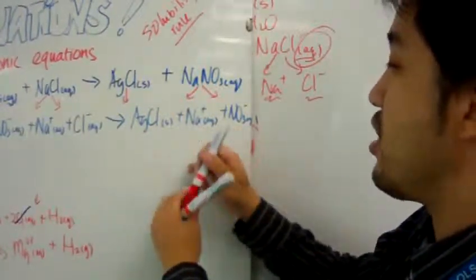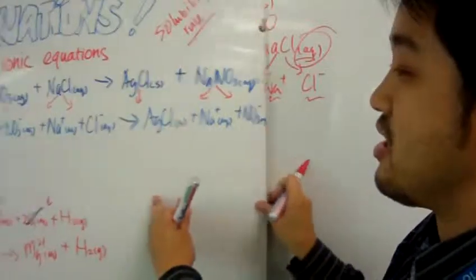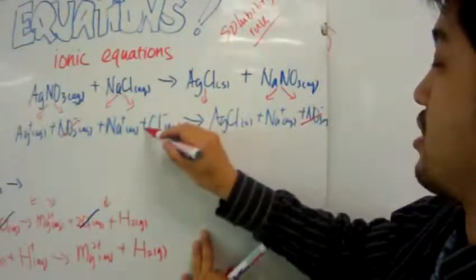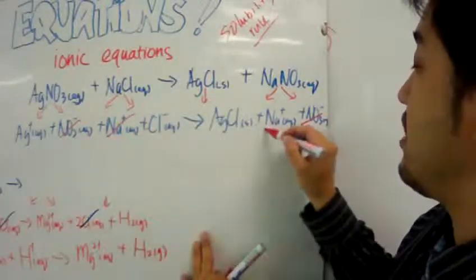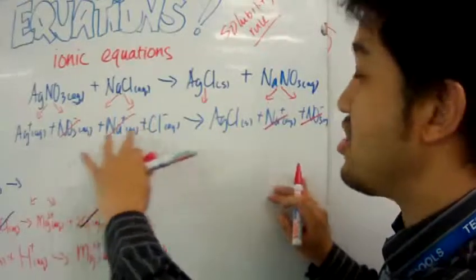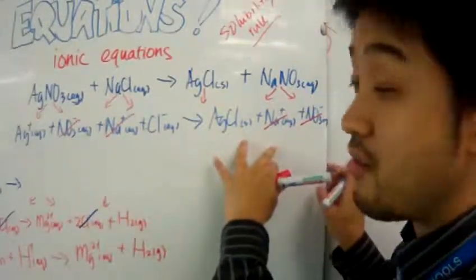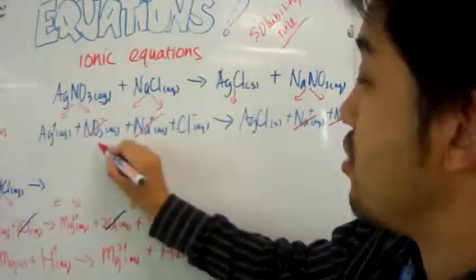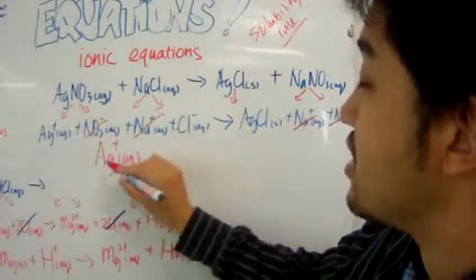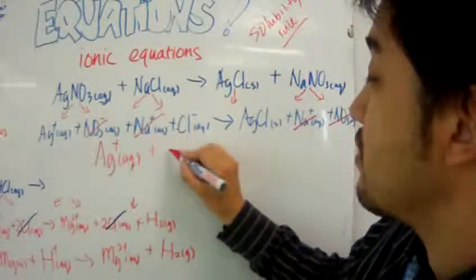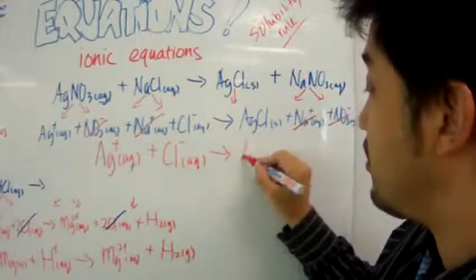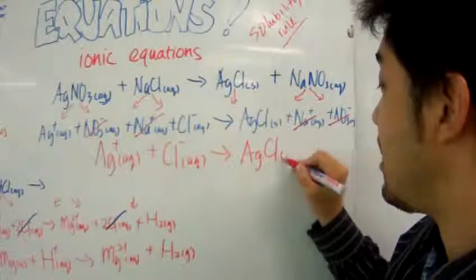Okay, immediately I've noticed in this equation that nitrate and sodium are spectator ions because they're both the same on the left side of the equation as well as on the right side of the equation. And so what I'm left with is the aqueous silver ion combining with the chloride to form silver chloride.